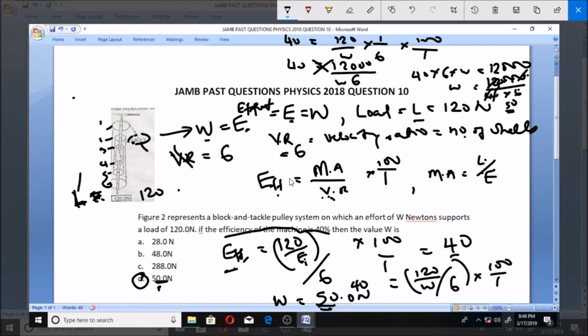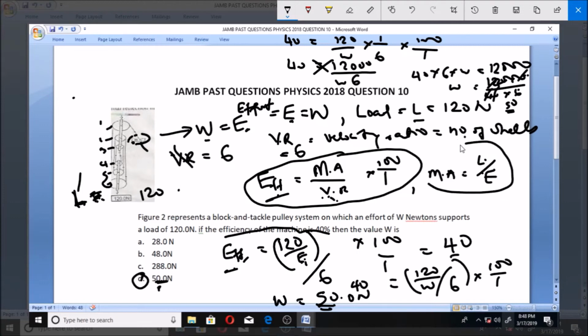Please note the formulas. Efficiency is equal to mechanical advantage over velocity ratio times 100 over 1. This is the formula we use for this calculation. Also note that mechanical advantage MA is equal to L over E, load over effort. This is the load here, and this is the effort you're making to carry this load.